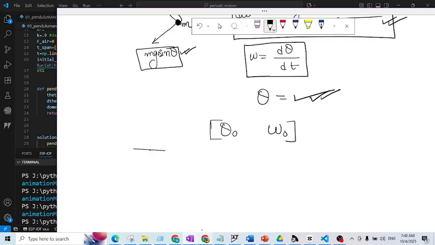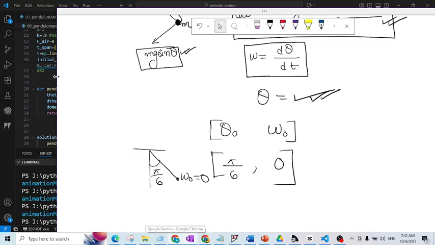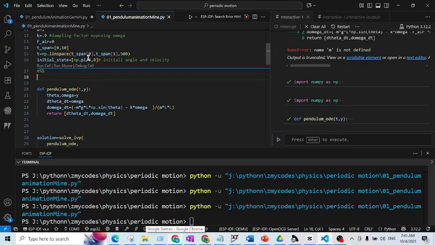So let's assume that the initial theta is pi by 6. So the initial state is pi by 6, and the angular velocity is 0, so this is 0. That's why the initial state is pi by 6 and 0.